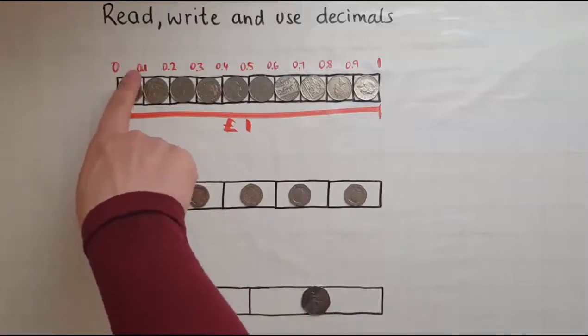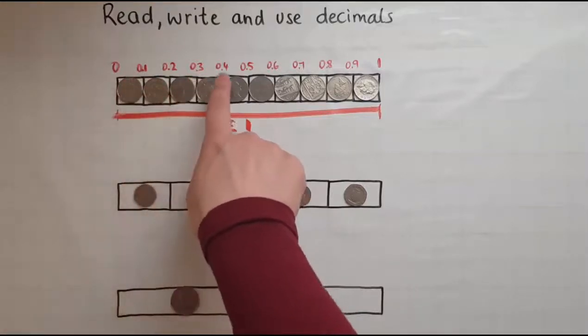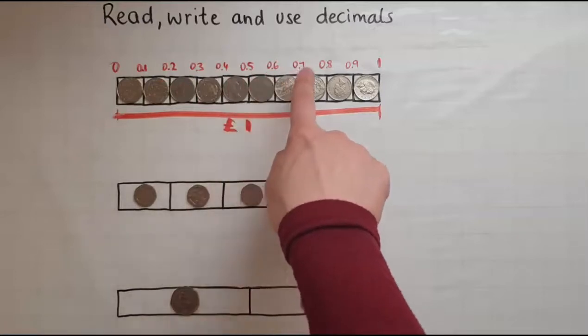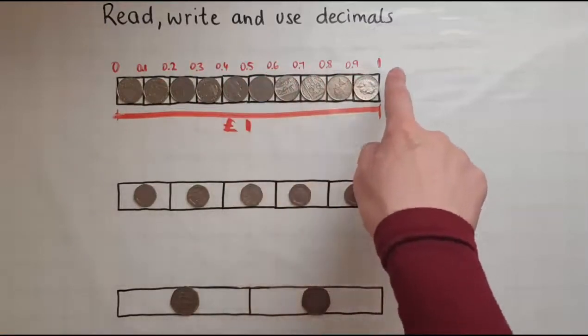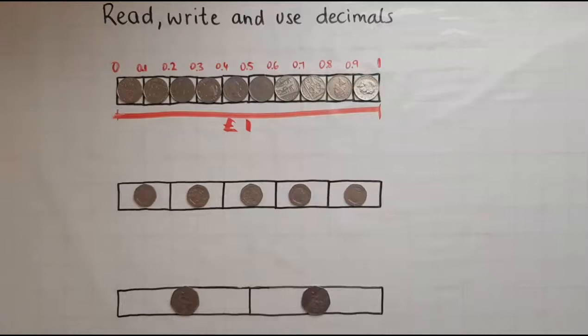So there we have 0.1, 0.2, 0.3, 0.4, 0.5, 0.6, 0.7, 0.8, 0.9, and £1 finally.